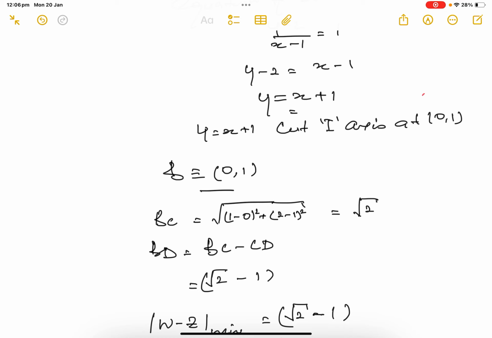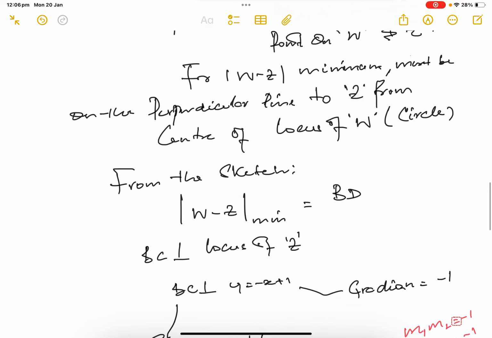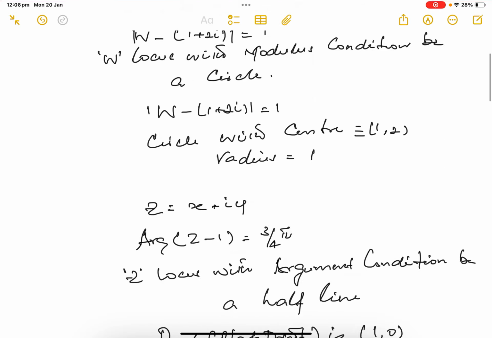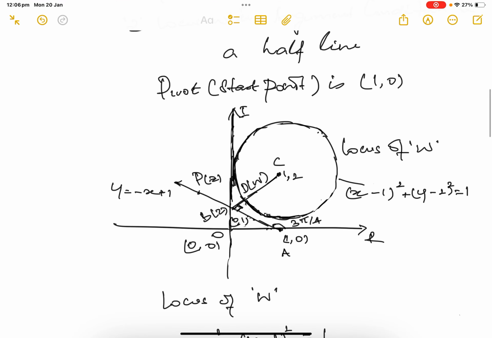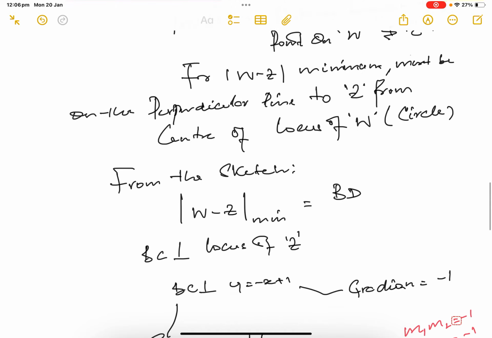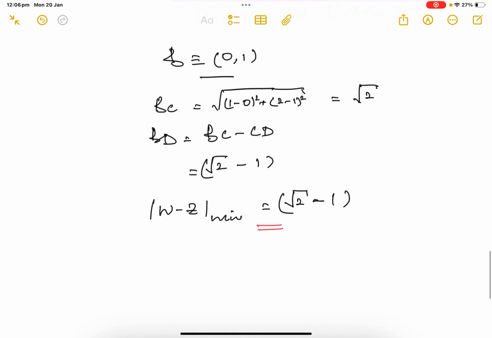But what we need to find is BD. So BD equals BC minus CD. If you look at the sketch, BD equals BC minus CD.